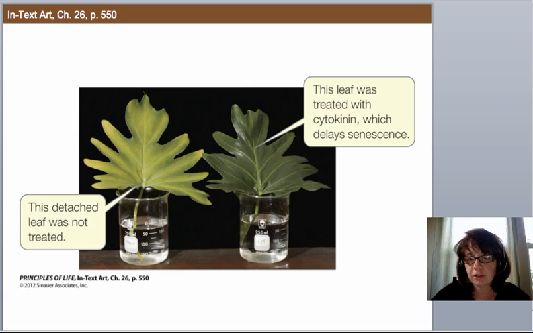Here's a graphic showing how cytokinin can delay senescence. Senescence is a fancy word for dying, or going slowly, stop growing and stop producing. So this detached leaf, you can put it in water. We all know that they'll hang around for a little while. If you treat that leaf with cytokinin, it helps to delay the cell death process.